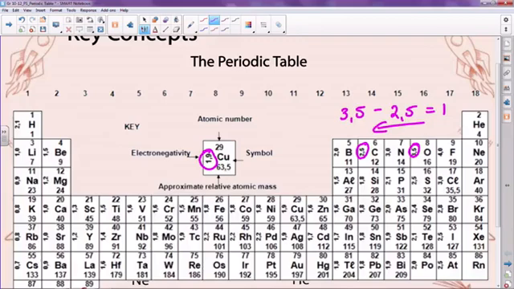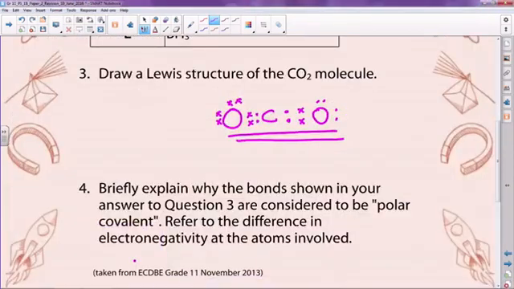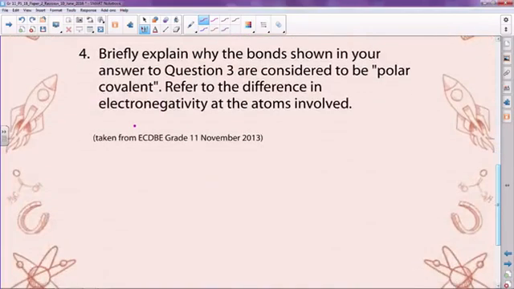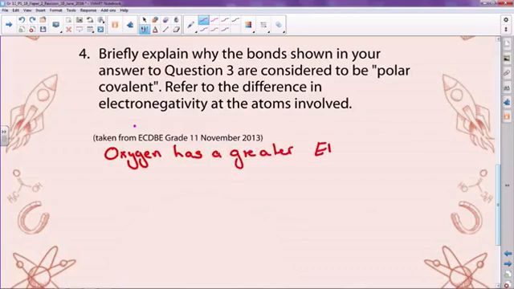But now what does that mean in terms of answering our question? Our question was, explain why they are considered to be polar covalent. So we're going to say that oxygen has a greater, I'm just going to write En for electronegativity.